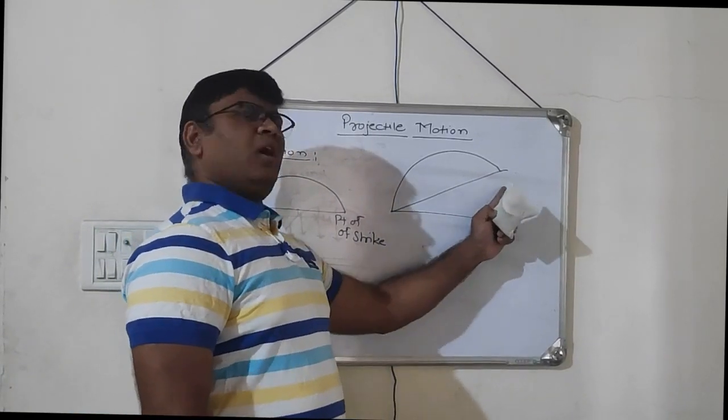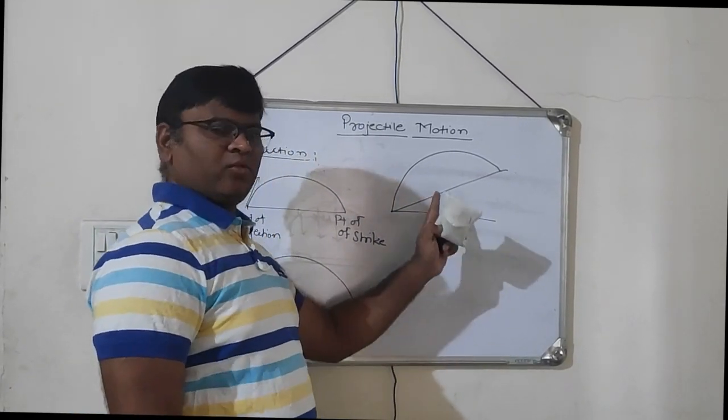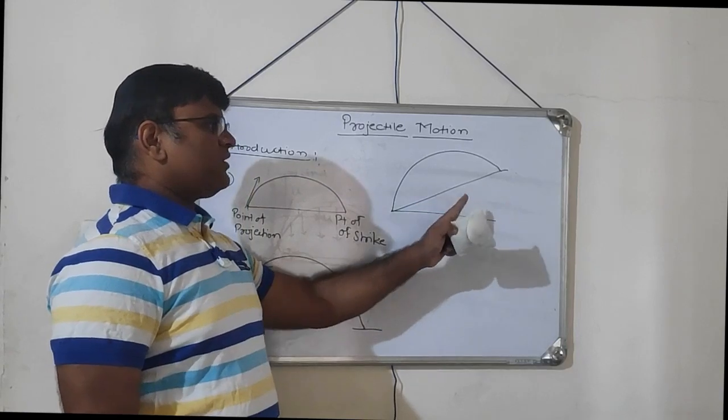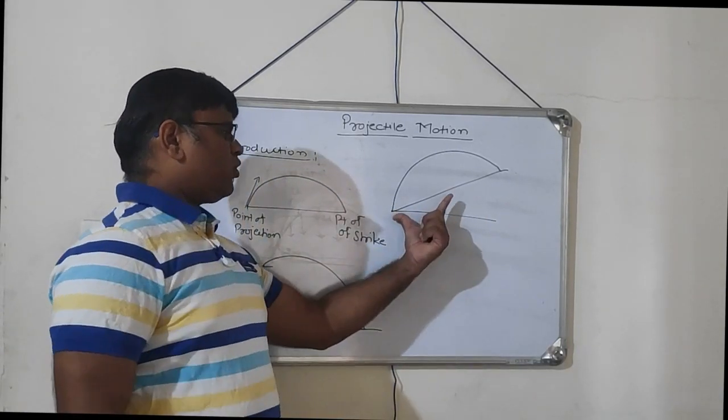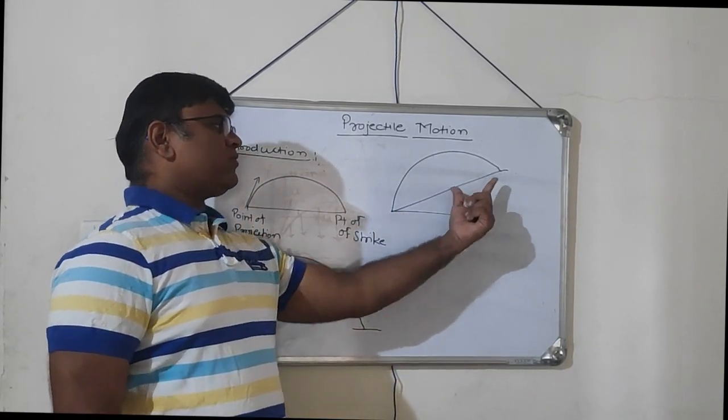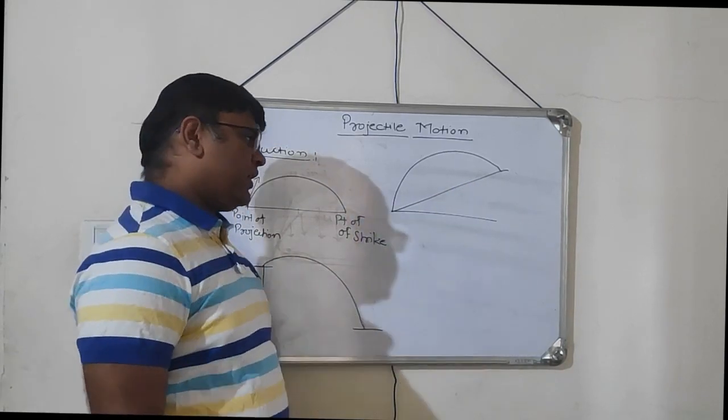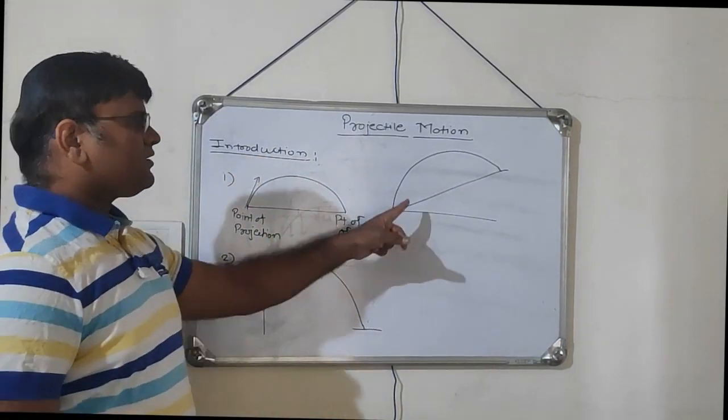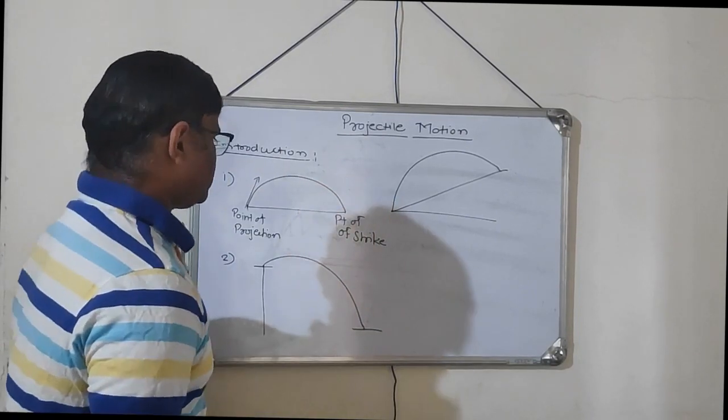So it can be an upward incline or a downward incline. There is not a separate case as such. The point of projection and point of strike are both on the inclined path. So these are the three basic cases of projectile motion.